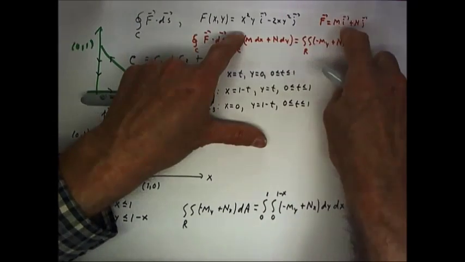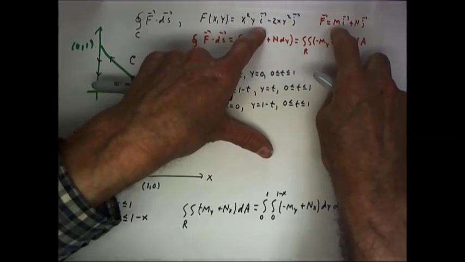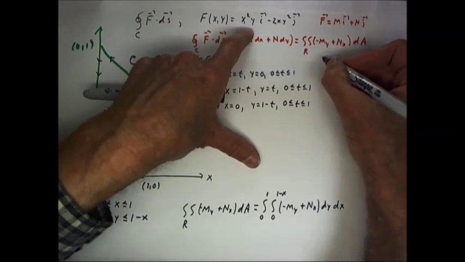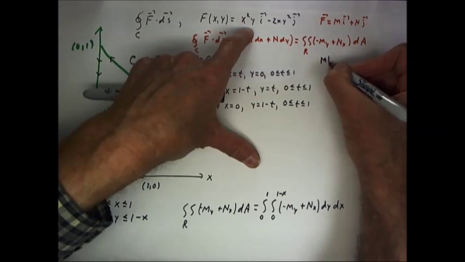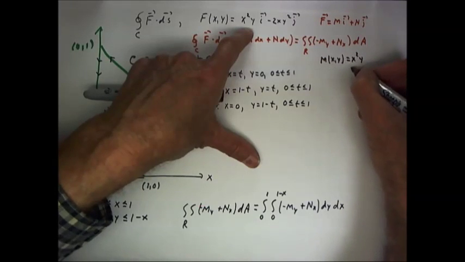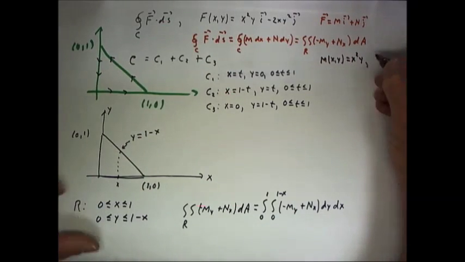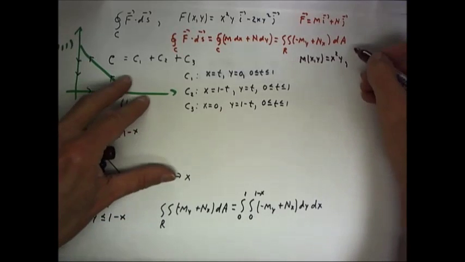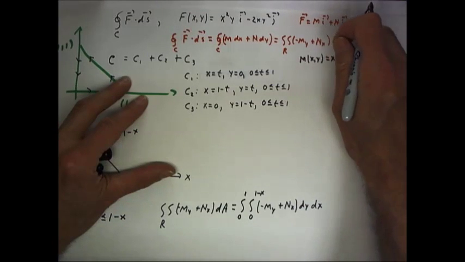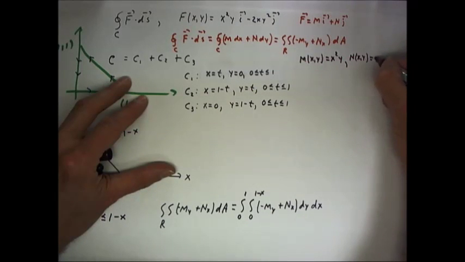Now, coming back up here, it's clear that the M function, being the coefficient of the i vector, is x squared y. So we can say M of x, y equals x squared y, and N of x, y, being the coefficient of j, is negative 2x y squared.